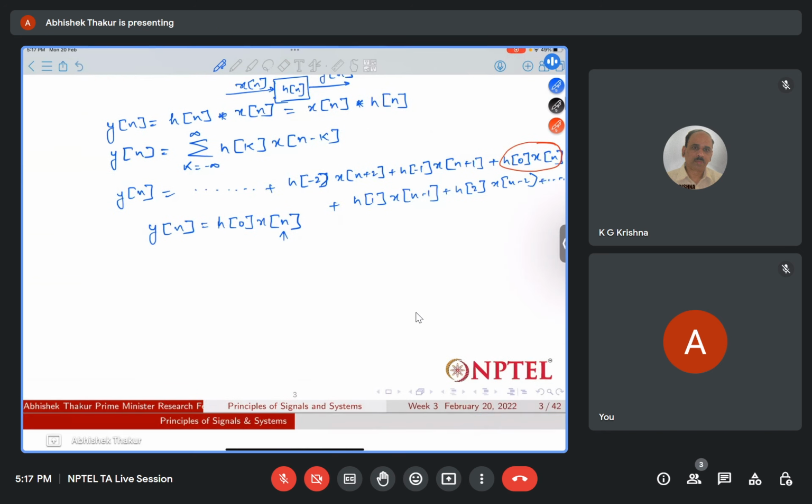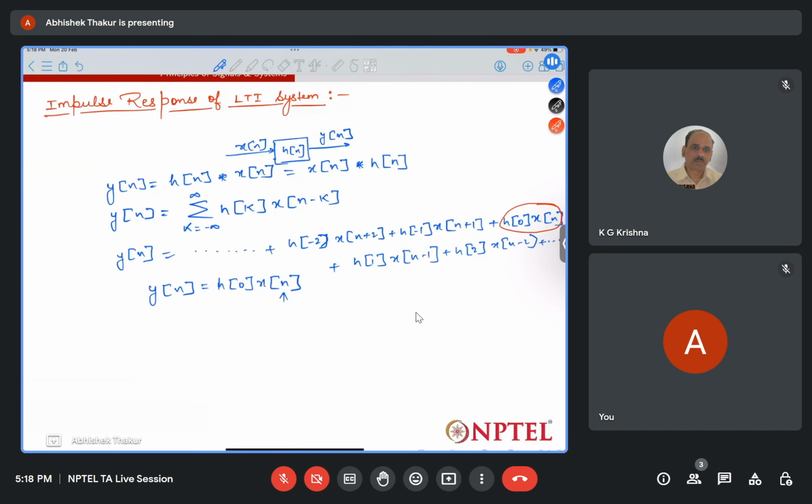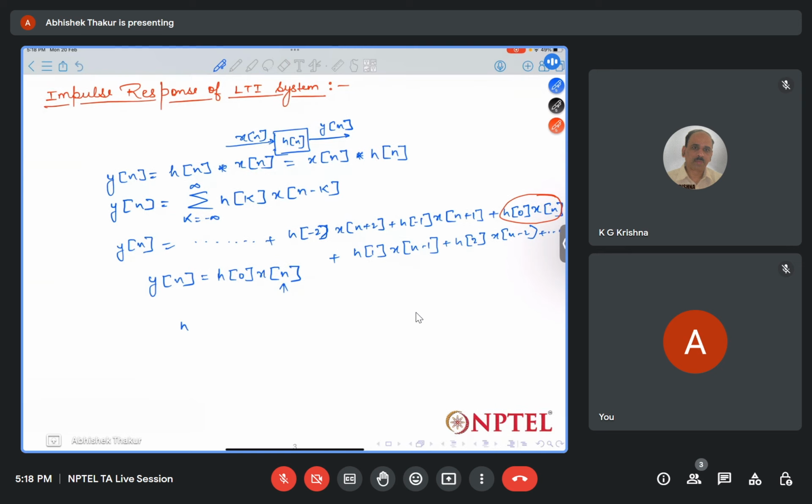Let's suppose we are studying the impulse response. h[n] will be delta[n], or let's multiply it by some constant k. At 0 it will be k, because we have multiplied with k. This is the curve of k delta[n], the impulse response, and for all other values it will be 0.